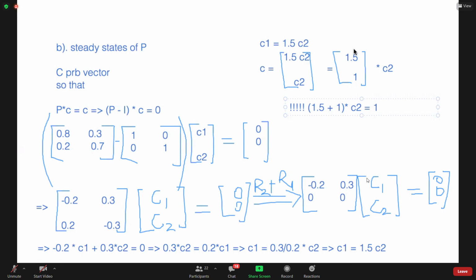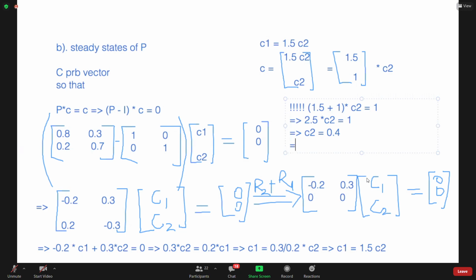What are the numbers inside the vector? 1.5 C2 plus C2, which is the same as writing 1.5 plus 1, everything multiplied by C2. What do I obtain? 2.5 multiplied by C2 should equal 1. Therefore, when I take out C2, I will obtain 1 divided by 2.5, and it should yield me 0.4.